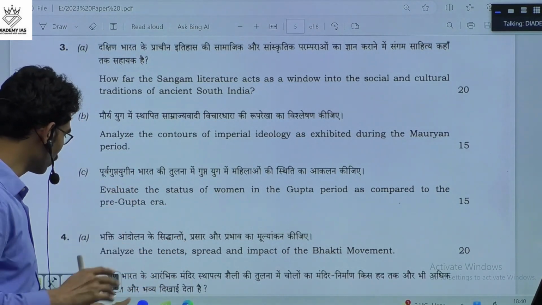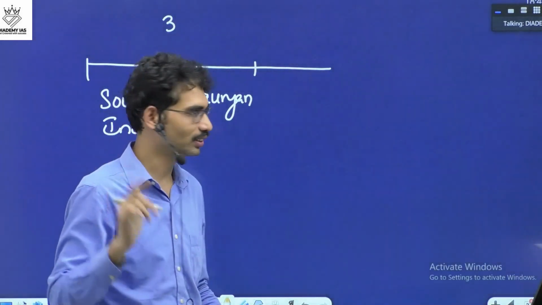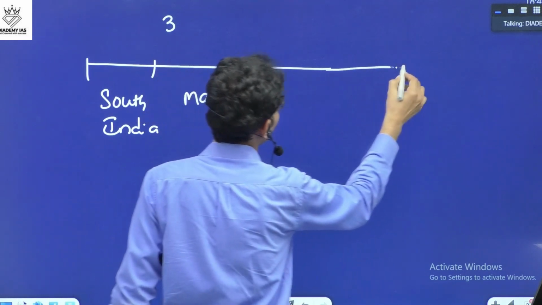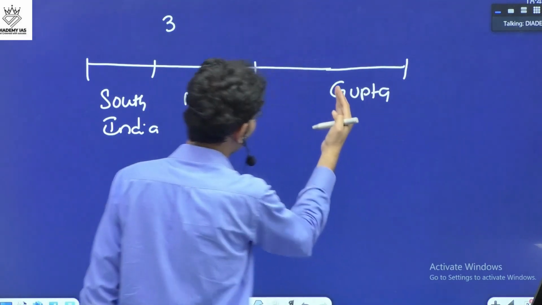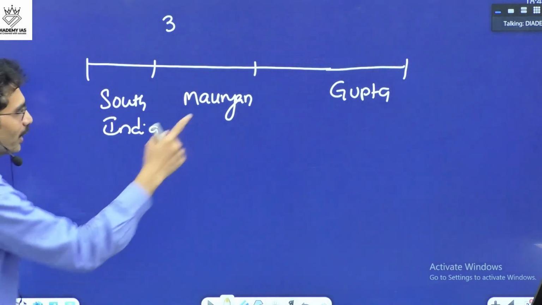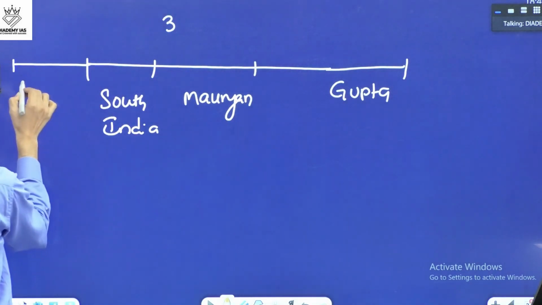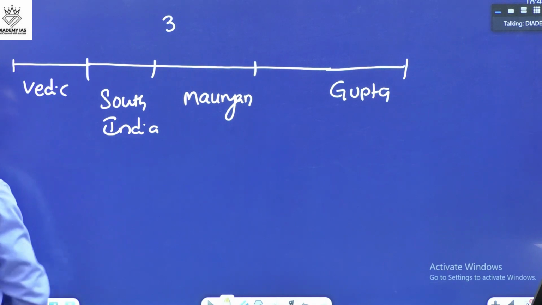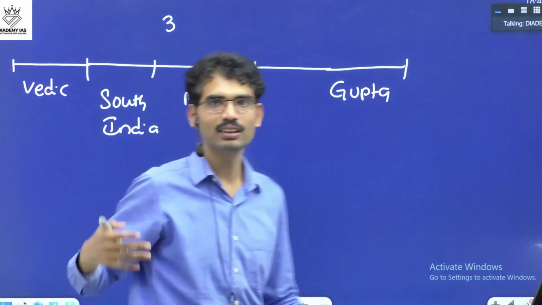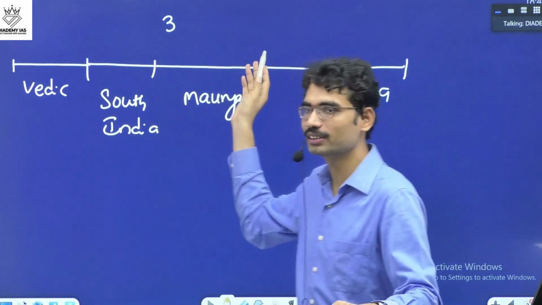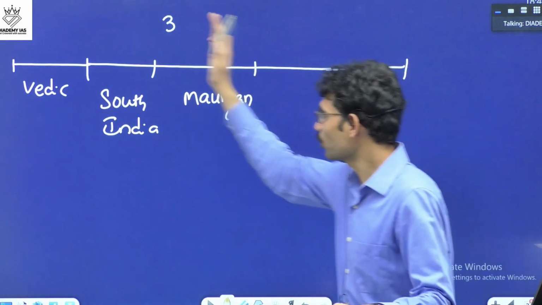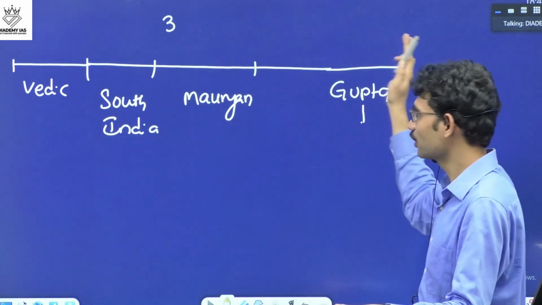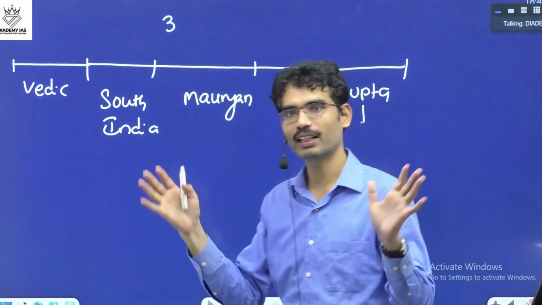Now this is almost like entire ancient history. It's about comparison between the Gupta period and pre-Gupta. Pre-Gupta means the Vedic period, at least from the Vedic period we have to write. We have to compare the condition of women before the Gupta and during the Gupta time period. Now almost entire ancient India.